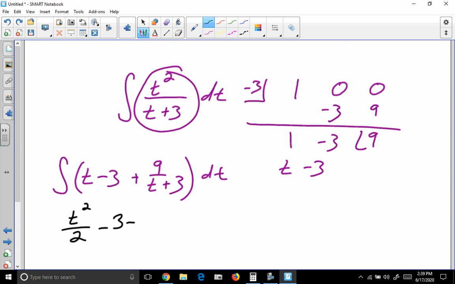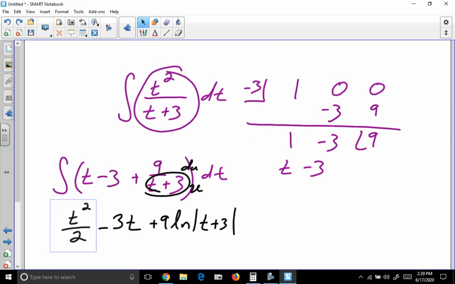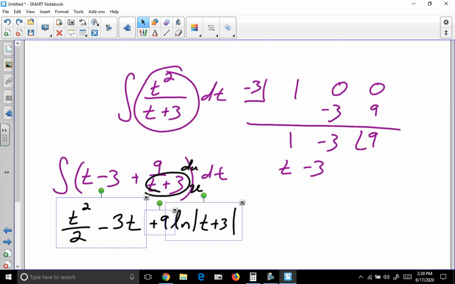We pick up our variable when we integrate a constant. And then integrate this. 9 is the coefficient. If that bottom part is u, then the derivative of the bottom part would be 1 on top. So that integrates into natural log absolute value of t plus 3. This is what we get when we integrate that.